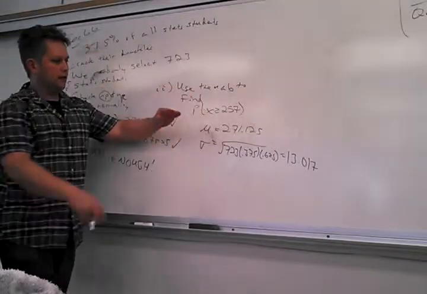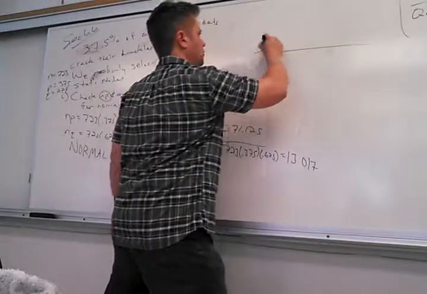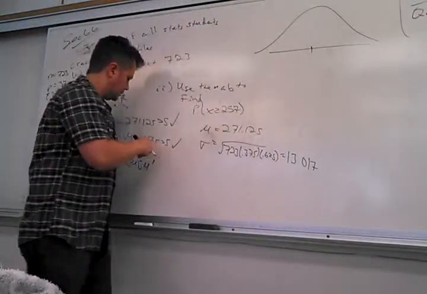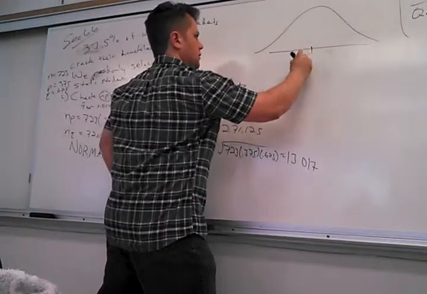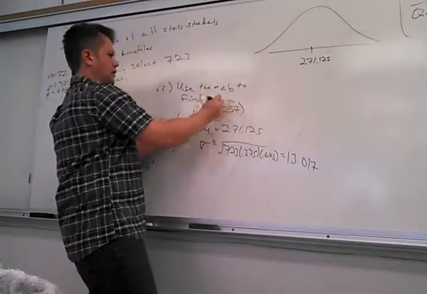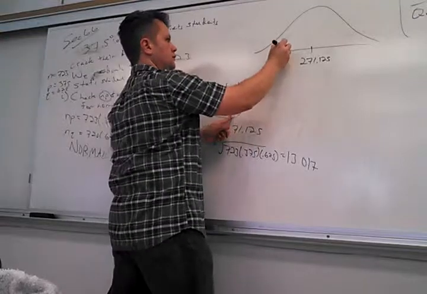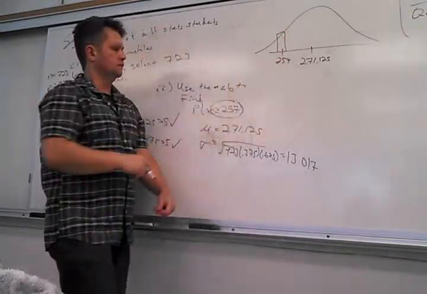So now I can graph this bad boy. I've got the mean, so I know what goes right in the middle. I said it's normal enough, so I can go ahead and draw a normal curve. Here's my mean. My data point I'm curious about is greater than or equal to 257. So I draw a little rectangle in that.